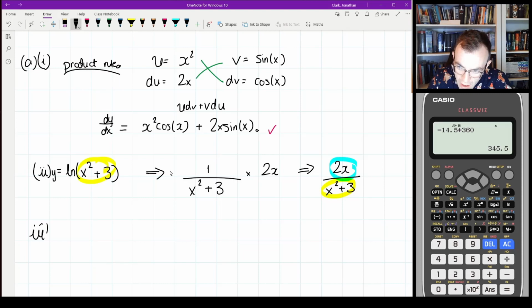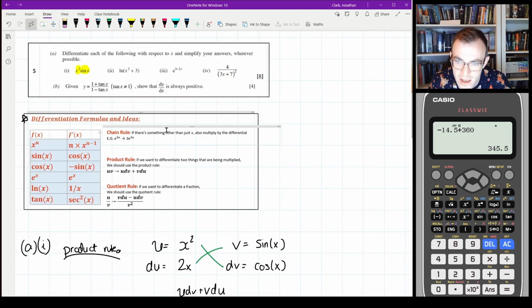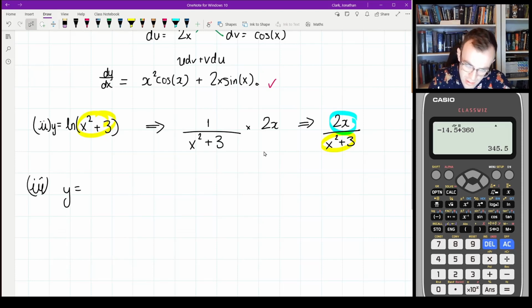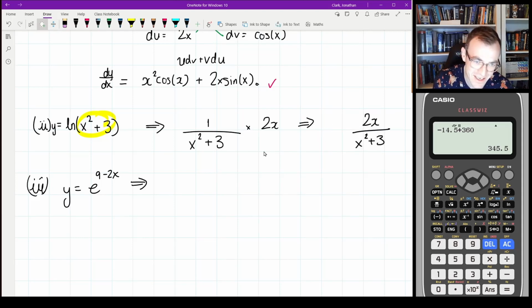Part 3, I believe that was an e. Yeah, e to the power of 9 take away 2x. Okay, so I've forgotten to do dy dx once again, haven't I? Let's just write that in for consistency's sake. dy dx equals, okay, cool.